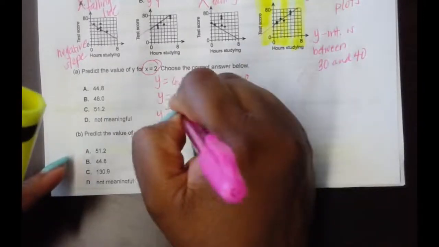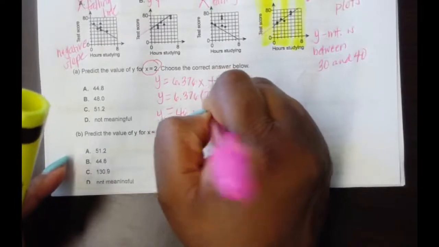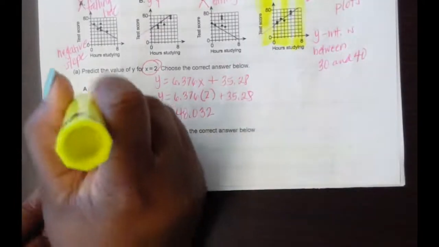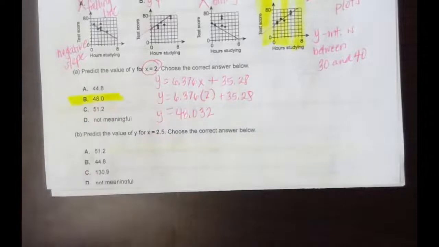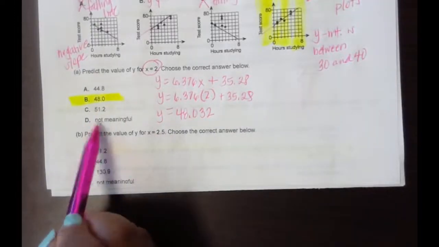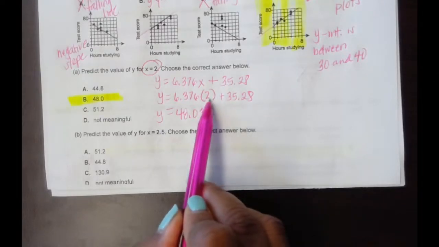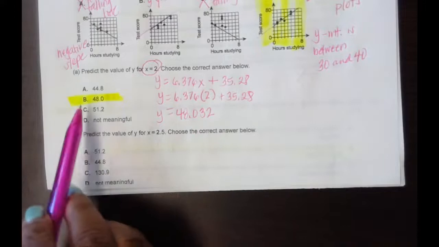So our answer, 48.032, puts us right here at B, 48.0. I'm not choosing not meaningful because 2 is in the range of my x value. So my prediction is good.